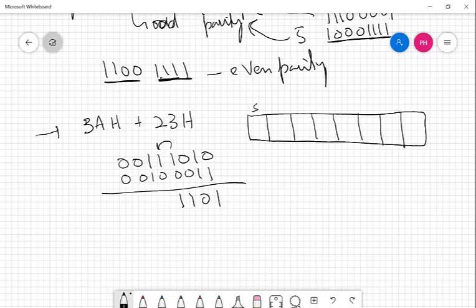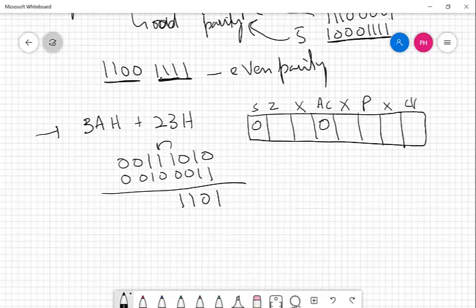This was sign, 0 not used, auxiliary carry, parity, carry. So no auxiliary carry, so this bit will be 0. I will assume that since we are not dealing with signed numbers, both the numbers are positive, the result will also be positive, so the sign bit will also be 0.